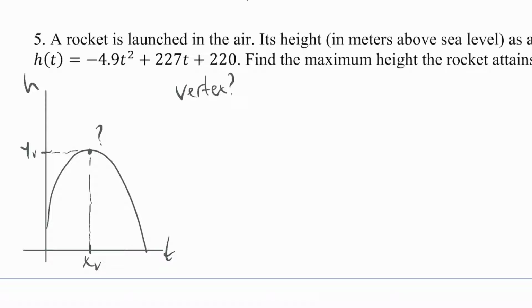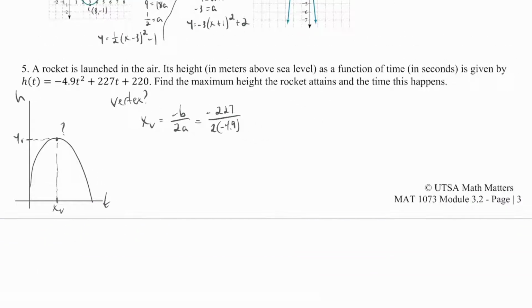Well, I can say that the x coordinate of the vertex is going to be -b over 2a. Well, -b, that's -227, over 2 times a, which is -4.9. Okay, so do I want a calculator for this?